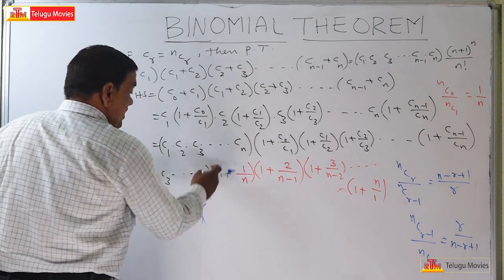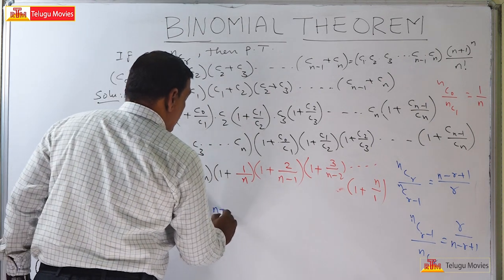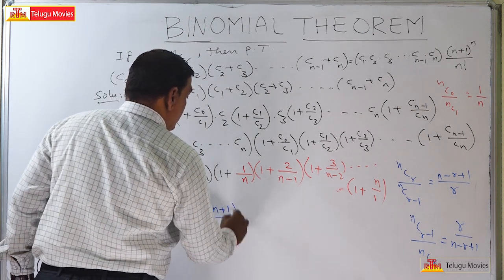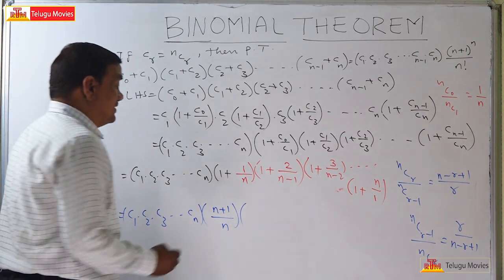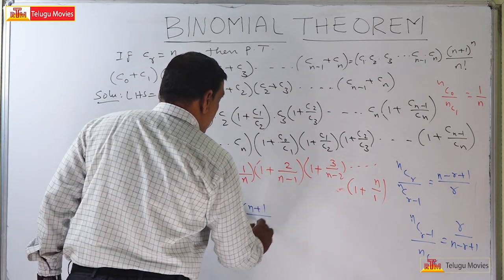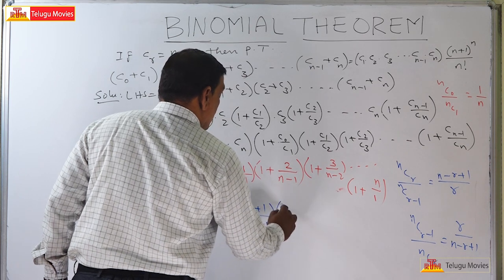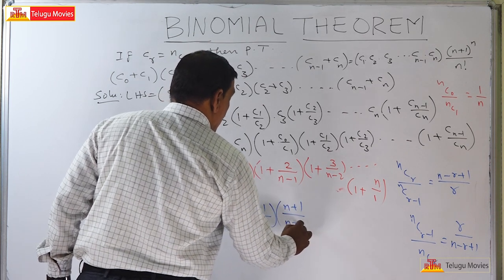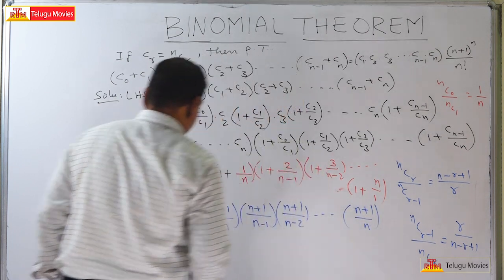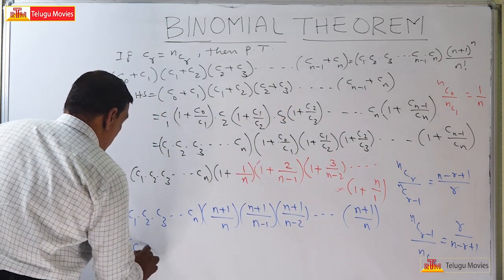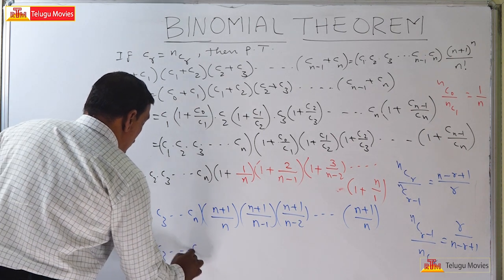So take the LCM, N plus 1 by N. So here also LCM, if you take N minus 1 plus 2, N plus 1. So this is N plus 1 by N minus 1. So here also N plus 1 by N minus 2. So last one, N plus 1 by N. So this is equal to C1 into C2 into C3, so on Cn.